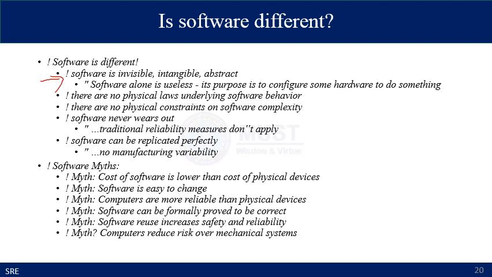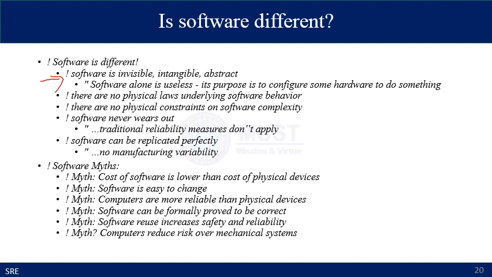Its purpose is to configure some hardware to do something, and there are no physical laws underlying software behavior. There are only computational laws which apply to the computational powers of your system. And there are no physical constraints on software complexity. It can be as complex as the human mind.